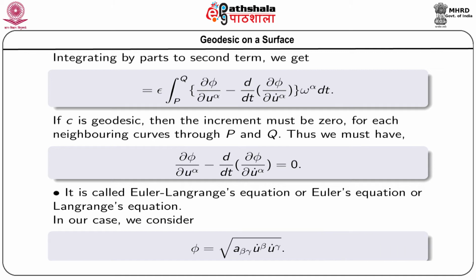Now, in our case, we consider phi equals root over a beta gamma u dot beta u dot gamma.